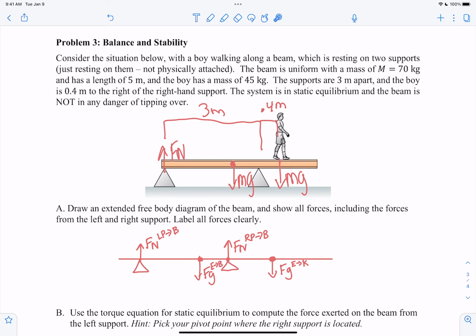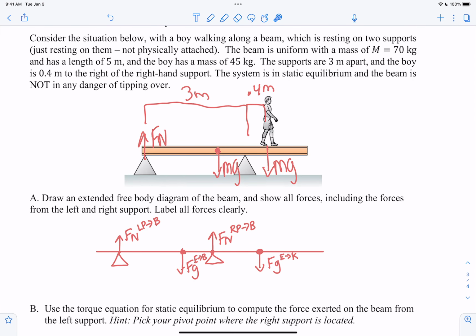So in this case, we're only concerned with what forces the beam is feeling. It feels a normal force from the left-hand support and a normal force from the right-hand support. There's a force of gravity exerted from the Earth on it due to its mass. And then the boy is also exerting a force on it here on the right. But we're not concerned with what forces it would exert on other objects in the system. So yeah, that makes sense.